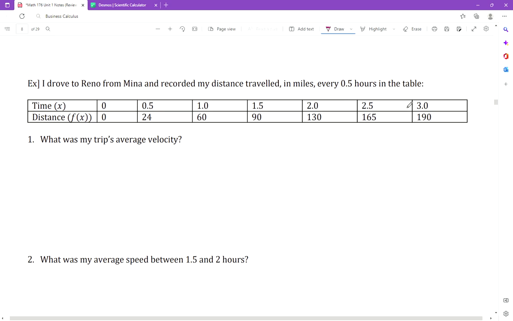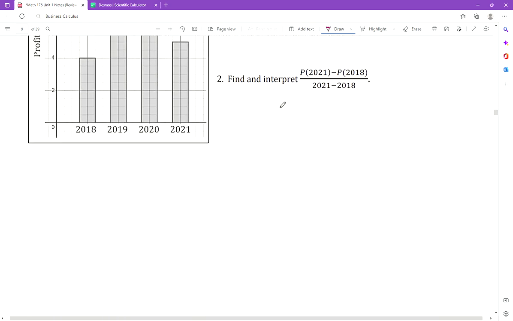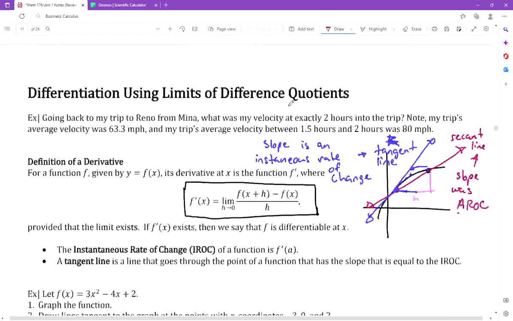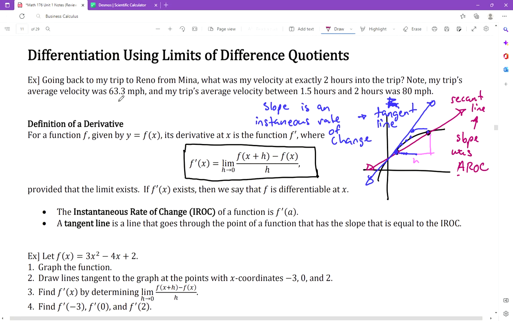This table doesn't have enough data to know that. Right at 2 hours, we don't know what speed we're going. We know the distance traveled since we began, but all we can do is find an average velocity. Most likely it was between 63.3 and 80 miles per hour, maybe 70, or maybe I was stopped.